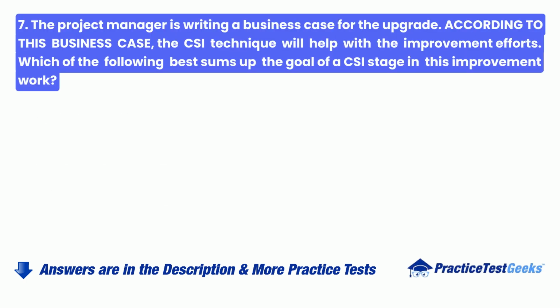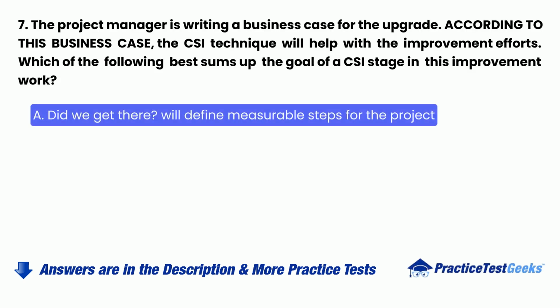7. The project manager is writing a business case for the upgrade. According to this business case, the CSI technique will help with the improvement efforts. Which of the following best sums up the goal of a CSI stage in this improvement work? A. Did we get there?